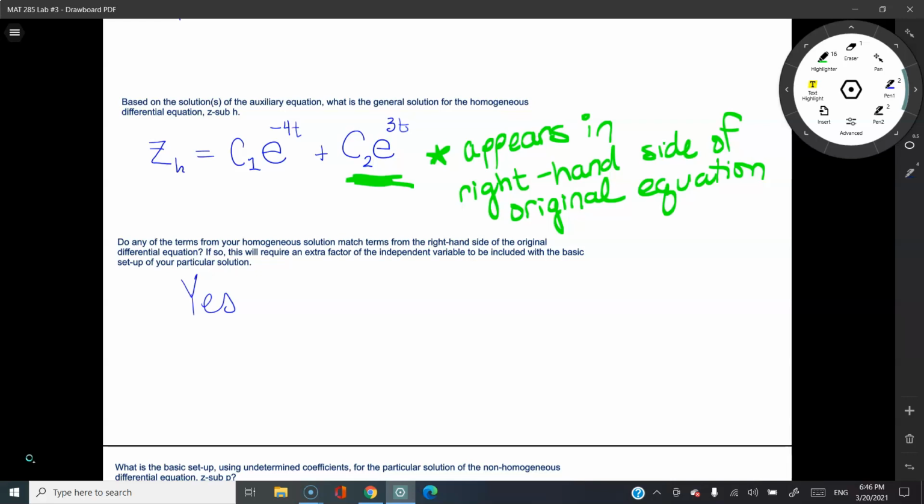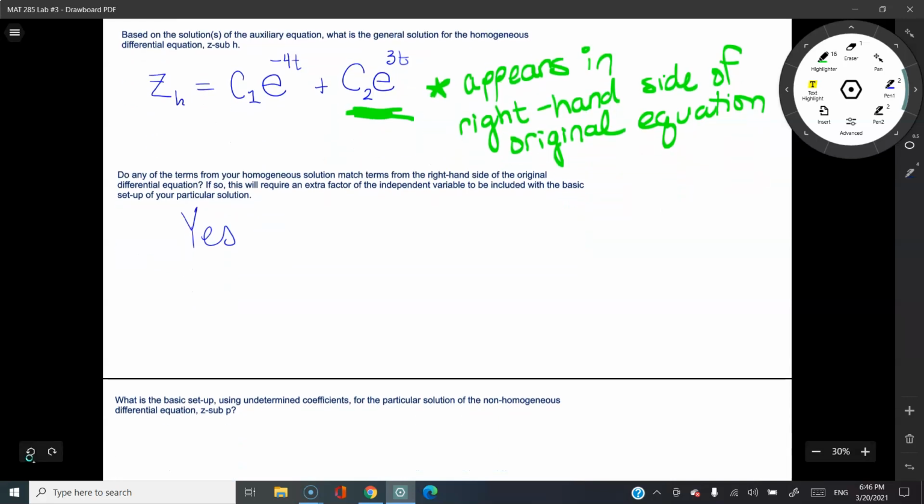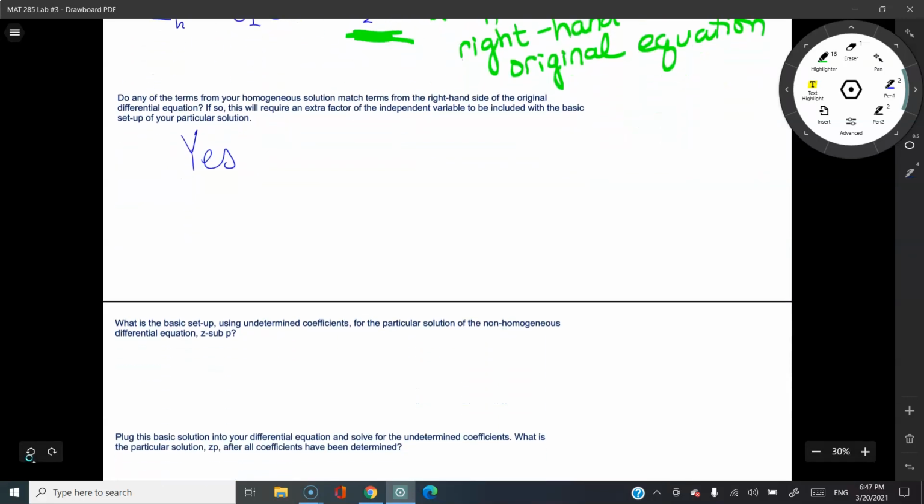If so, the reason we need to identify this is because it will require an extra factor of the independent variable to be included with the basic setup for our particular solution. So now that we have identified that, we want to know what the basic setup is that we're going to use undetermined coefficients on for a particular solution of the non-homogeneous differential equation, and we call this z sub p.